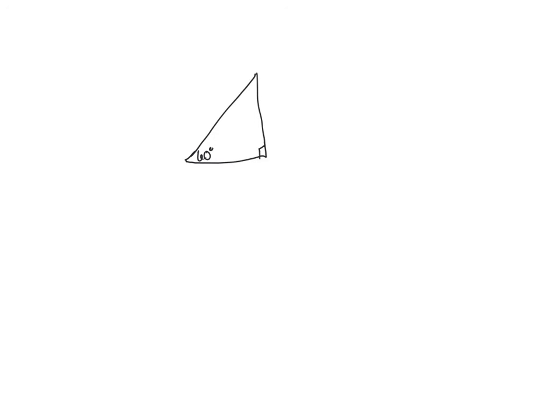And I definitely know this is my 30 degrees. And this is 18. Well, remember our formula: this is x and this is x root 3 and this is 2x. Well, then x must equal, here in this case, 9. So this down here is 9. This is 9 root 3.